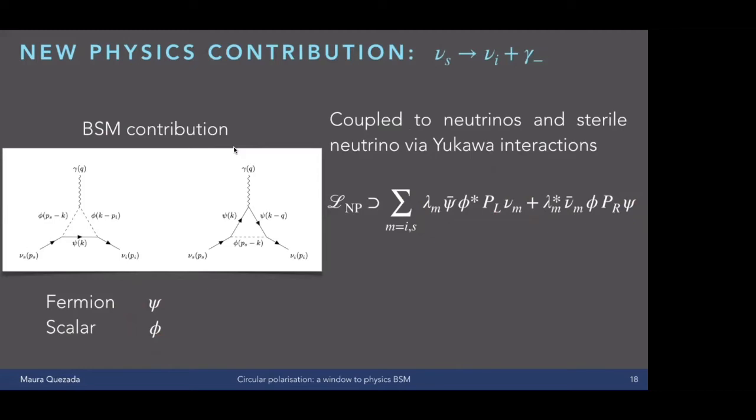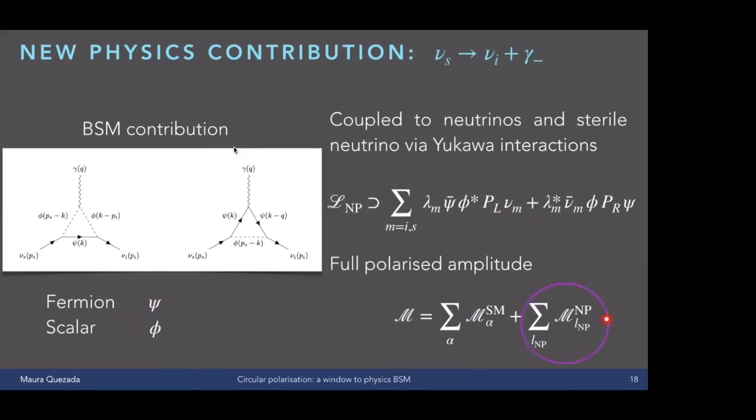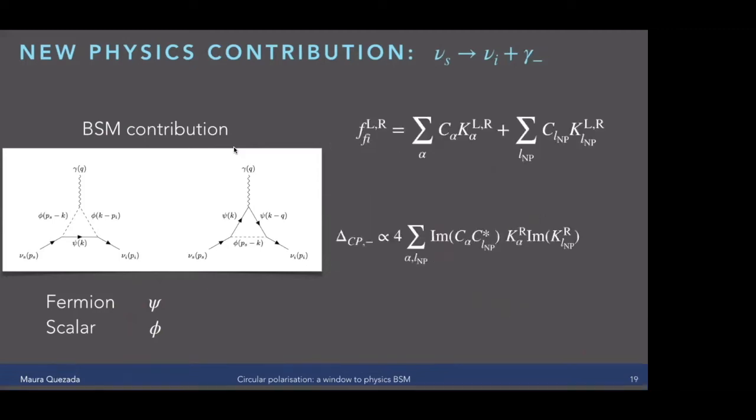Now, if we introduce these new particles to the model, then we have an extra term in the total matrix element, and then the chiral components of the transition vertex function will have, again, the standard model contribution that I explained before, and the new contribution from the loops with the new particles, the new physics.